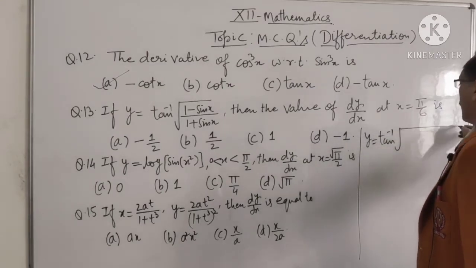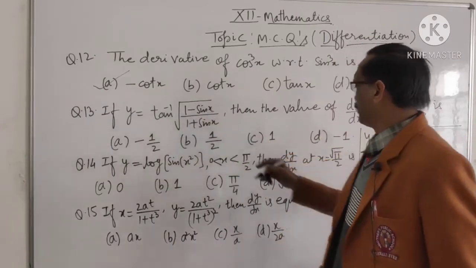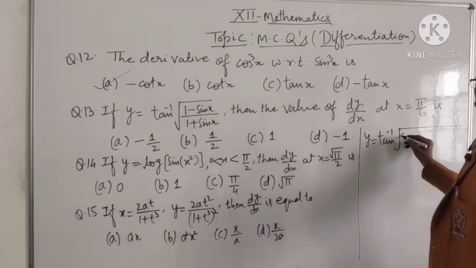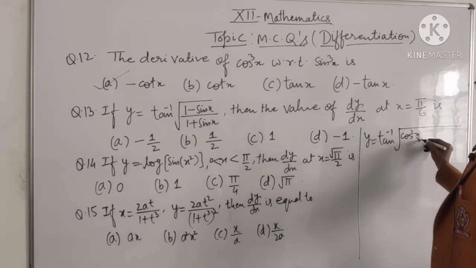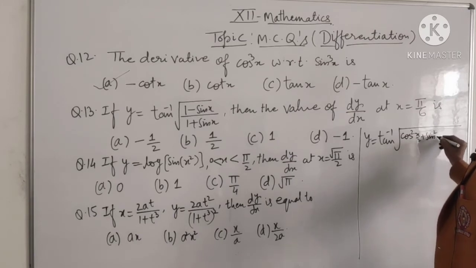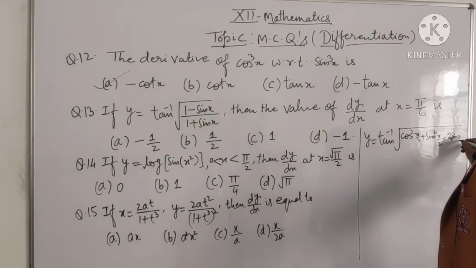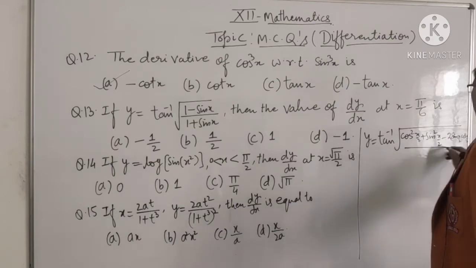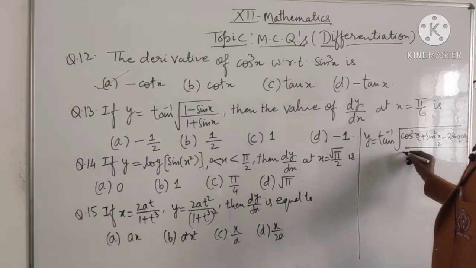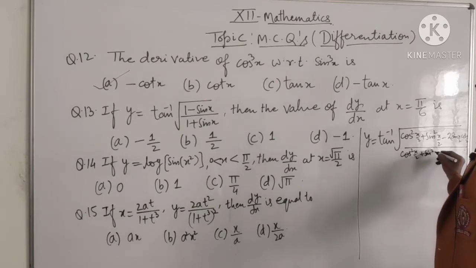This can be written as 1 means cos square x by 2 plus sin square x by 2 minus 2 sin x by 2 cos x by 2, upon cos square x by 2 plus sin square x by 2 plus 2 sin x by 2 cos x by 2.